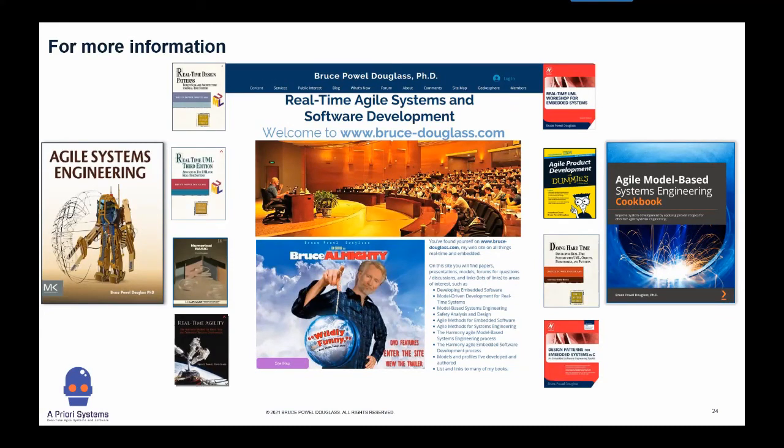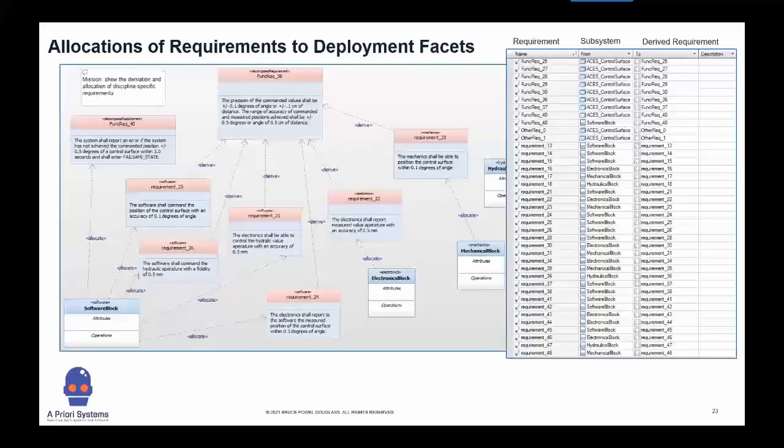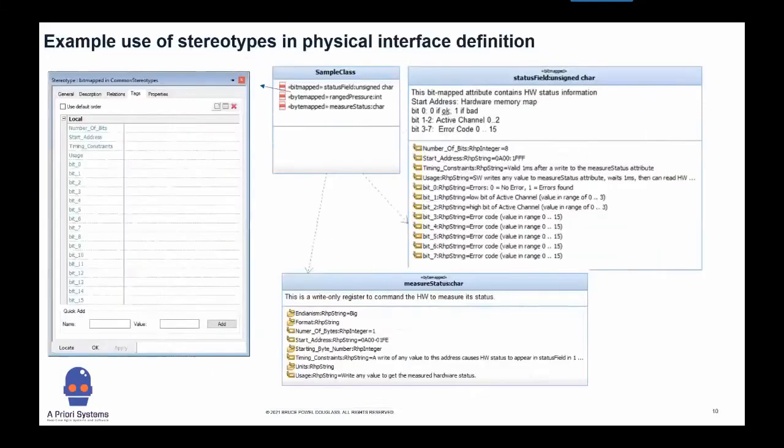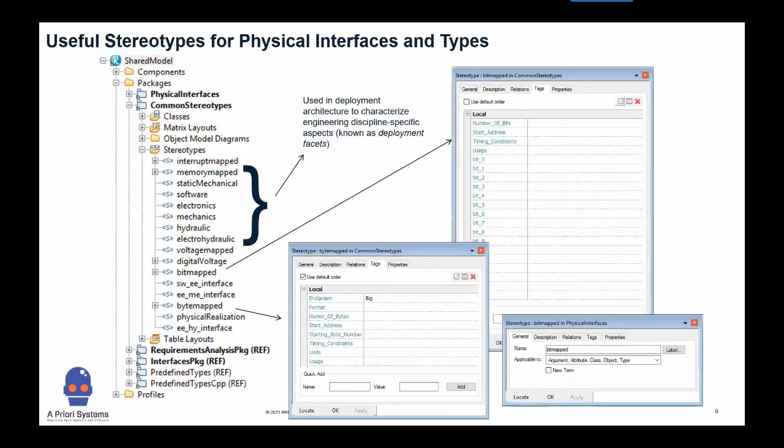For derived requirement, of course, that's a standard relation. I do add stereotypes. If we go back to this slide, the list of stereotypes, here we go. If I want to identify this is a software thing or an electronics thing, I apply the stereotypes, and they're just for when I have a derived requirement.